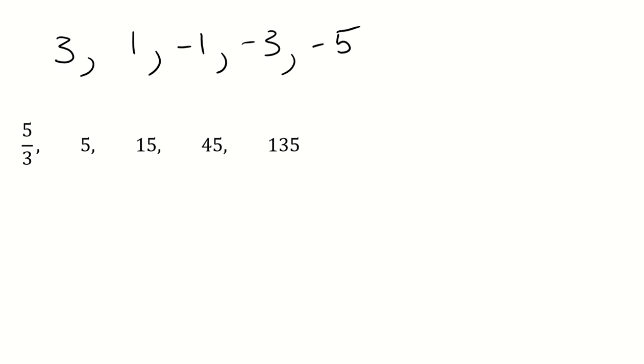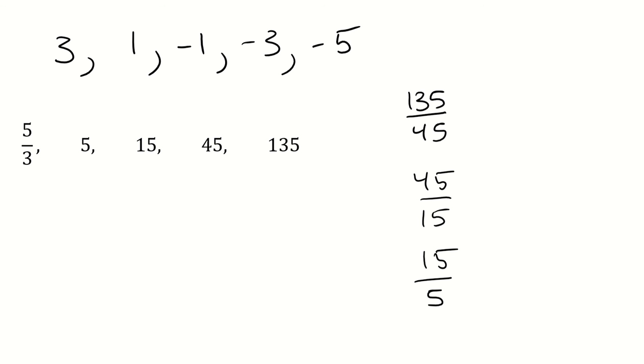It's one that involves multiplication. If you want to know what the generator is, you can take a term in the list, for example the 135, and divide it by the value that came before it. It doesn't matter which one. I could take the 45 and divide it by the term before it. I can take the 15 and divide it by the term before it, which is 5.